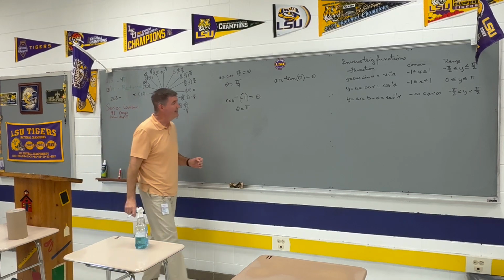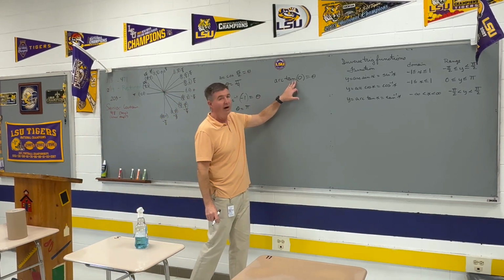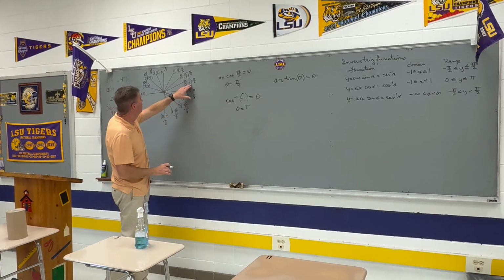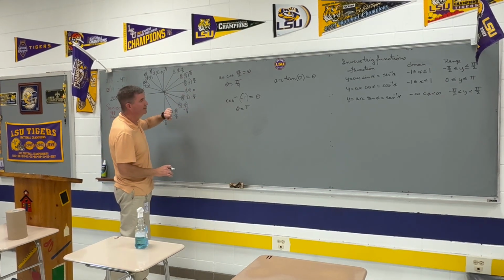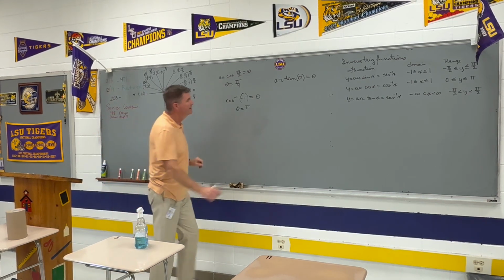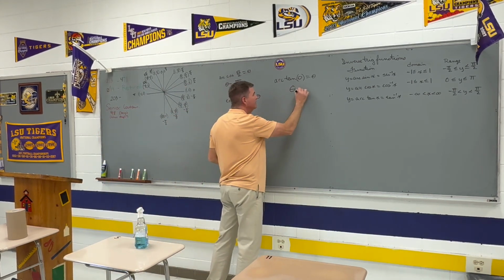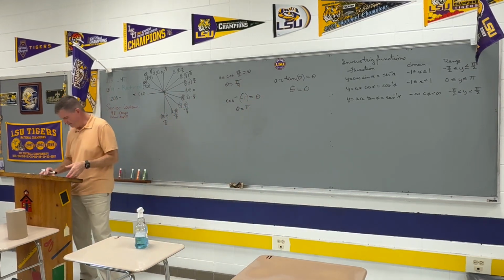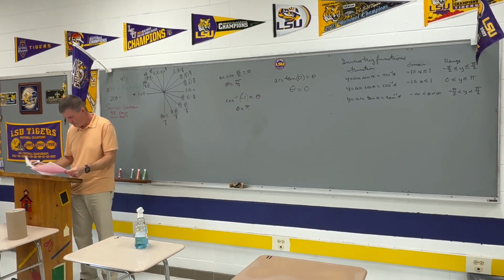Now I know that the tangent is going to be the y over x. So I'm looking for where y over x is going to give me 0. And y over x gives me 0 here, where y over x would be 0 over 1. So in this case, theta would be 0.